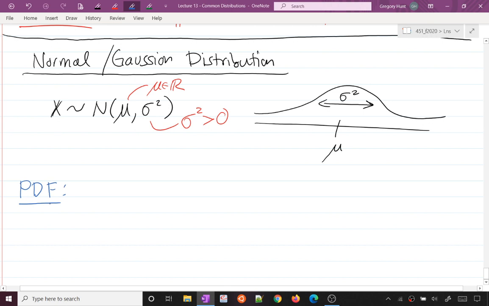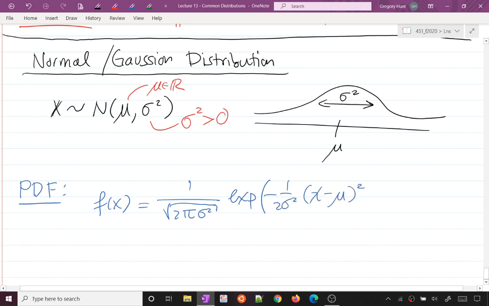We had previously shown, or we had claimed, that it's a continuous distribution with a PDF, and the PDF for this thing had the following form. It was 1 over the square root of 2 pi sigma squared, times the exponential of negative 1 over 2 sigma squared times (x minus mu) squared.